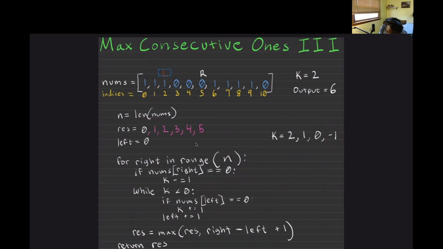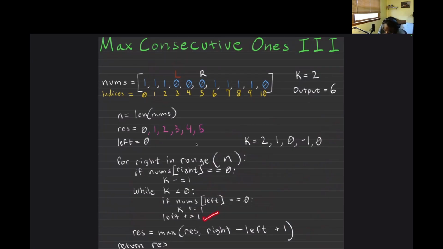So get here. Eventually we're gonna keep going until we finally get here, okay? So while k is less than 0, it is, right? If nums of left is equal to 0, it is. Okay, cool. So k plus equals 1. Great. And let me bring this over a little bit. So k now becomes 0, and we still have to do this.